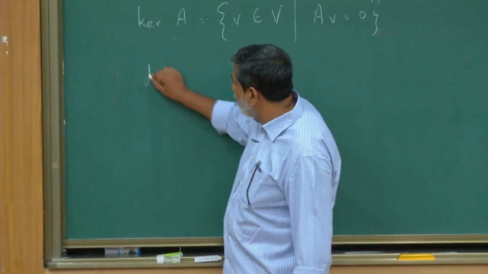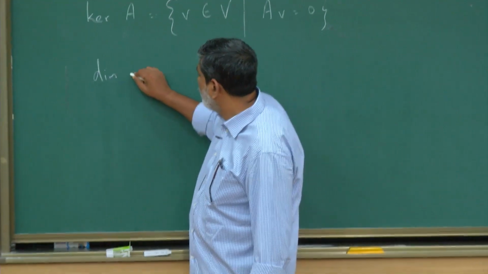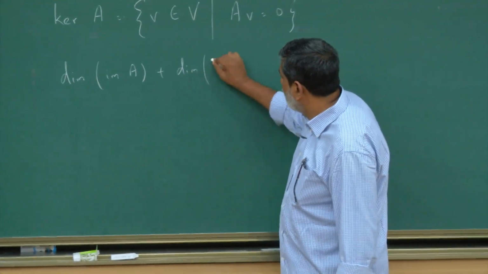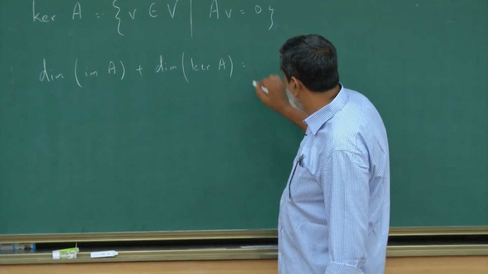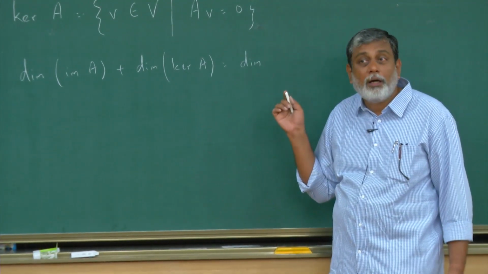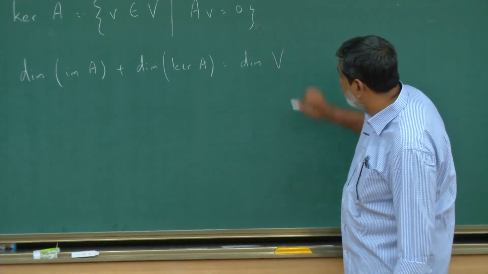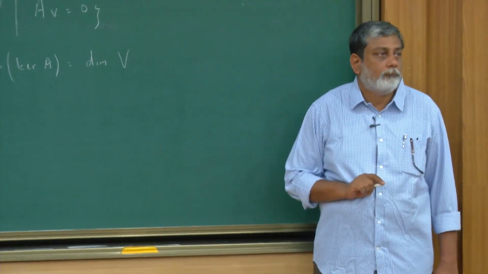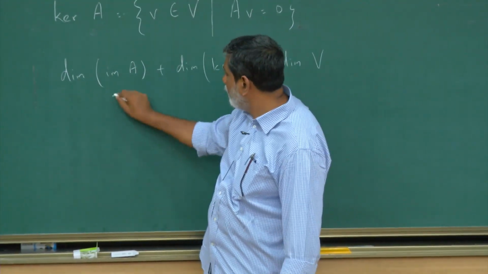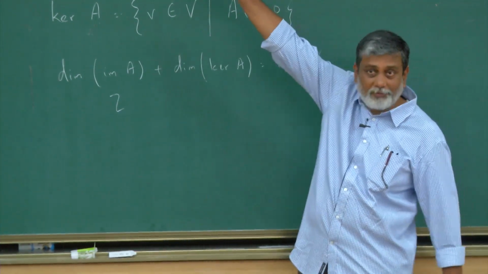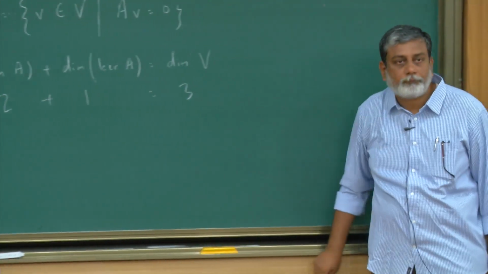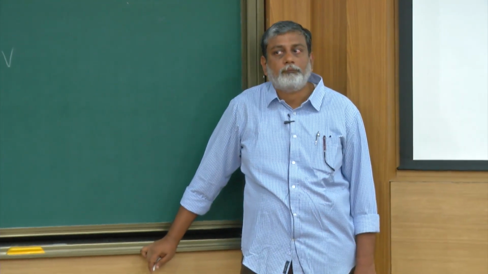It says that the dimension of the image of A plus the dimension of the kernel of A is equal to the dimension of V. In this case, the image of A was R2, so the dimension was 2, and the kernel of A is this one-dimensional space.